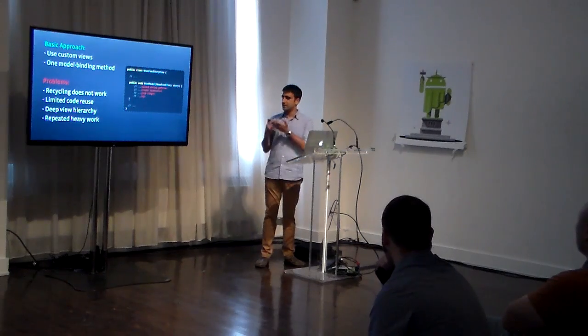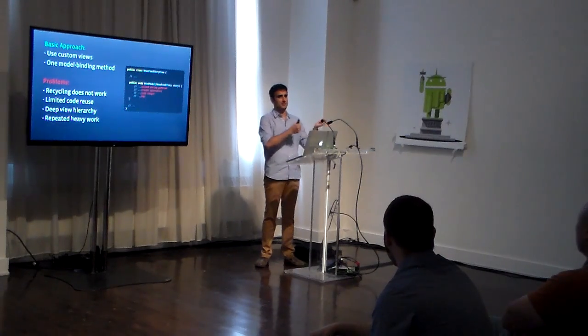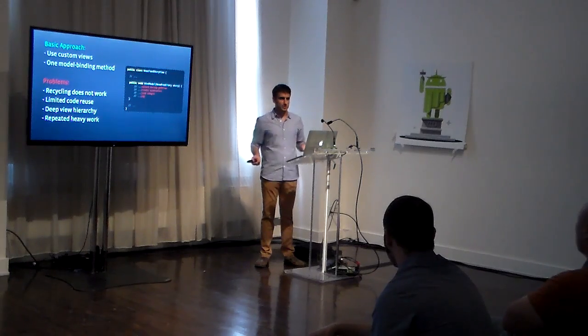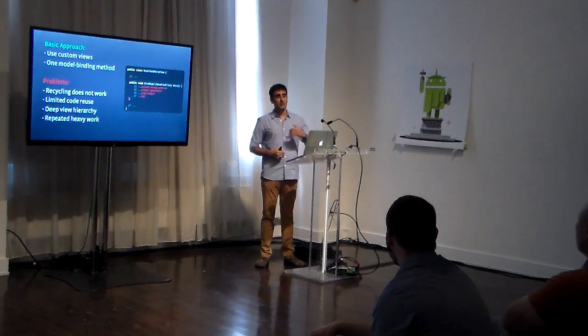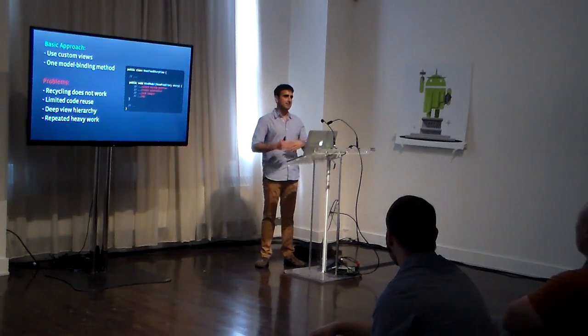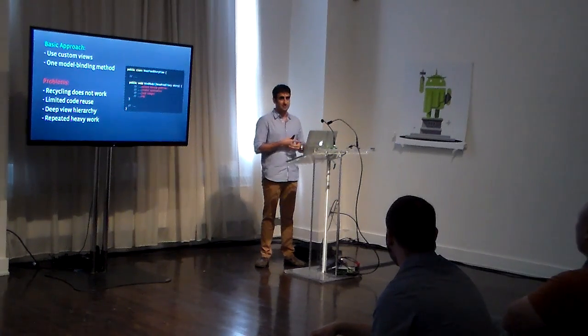And because this is the natural place to do things, you might originally try to just build the spannables that you need to show in the view in bind model. You don't want to do that, that's heavy work. So what we had to do is implement all kinds of custom solutions on when to prefetch your images, not when you're scrolling, build your spannables in advance, and so on.